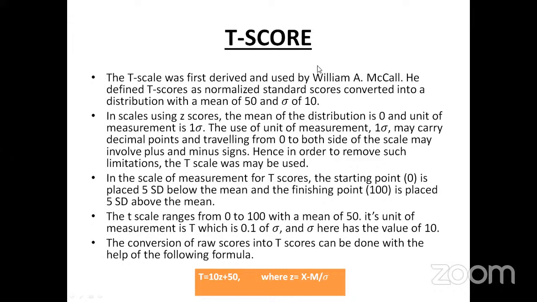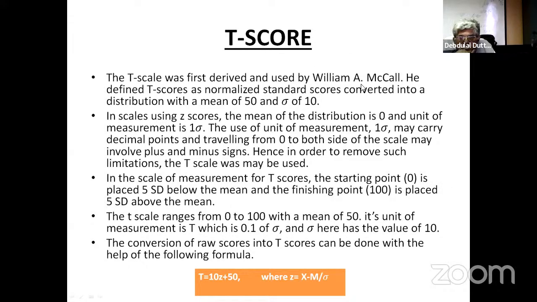Okay. So T-score. This T-scale was first derived and used by William A. McCall. He defined T-scores as a normalized standard score converted into a distribution with a mean of 50 and an SD, a sigma, of 10. In scales using Z-score, the mean of the distribution is 0 and the unit of measurement is 1 SD.